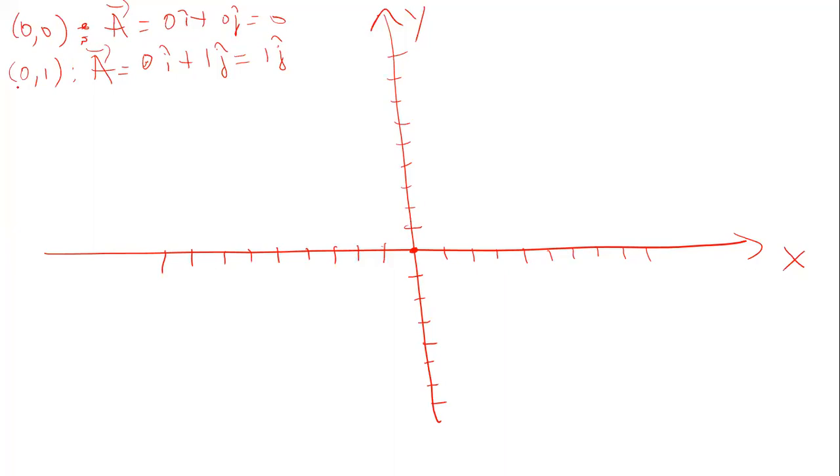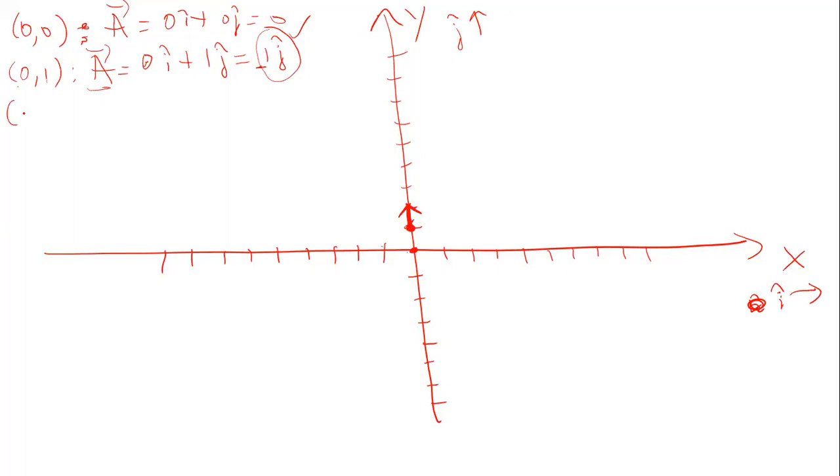The point 0, 1 has x-axis value 0 and y-axis value 1, so this is the point under consideration. At this point, the vector A will have unit magnitude and will be pointing along the y-axis, because j cap is the unit vector along the y-axis, and i cap is the unit vector along the x-axis. So your vector will point like this.